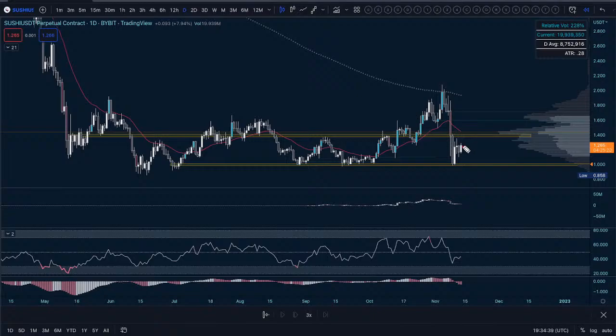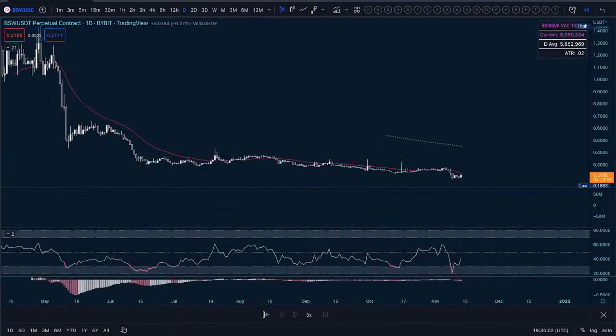So I think a run towards there and fail again is a possibility, or just bounce around here is a possibility. Many coins have really bad volumes, but these guys have good ones, so I'm going to put this in the watch list also.